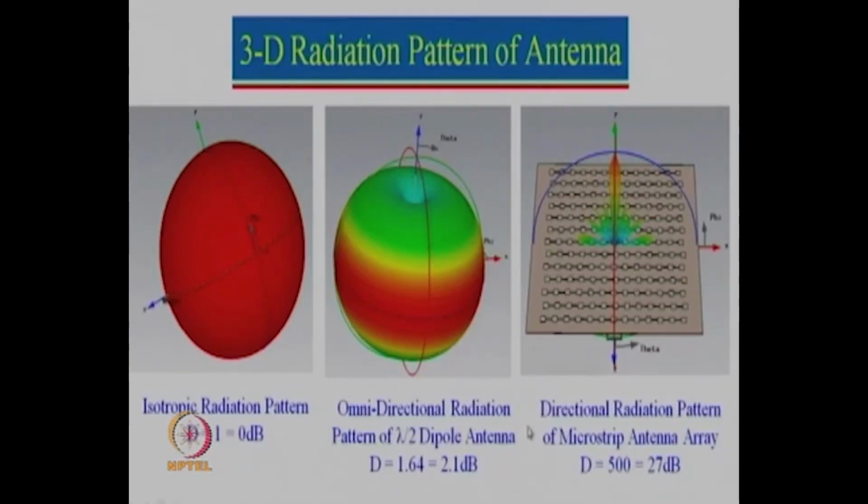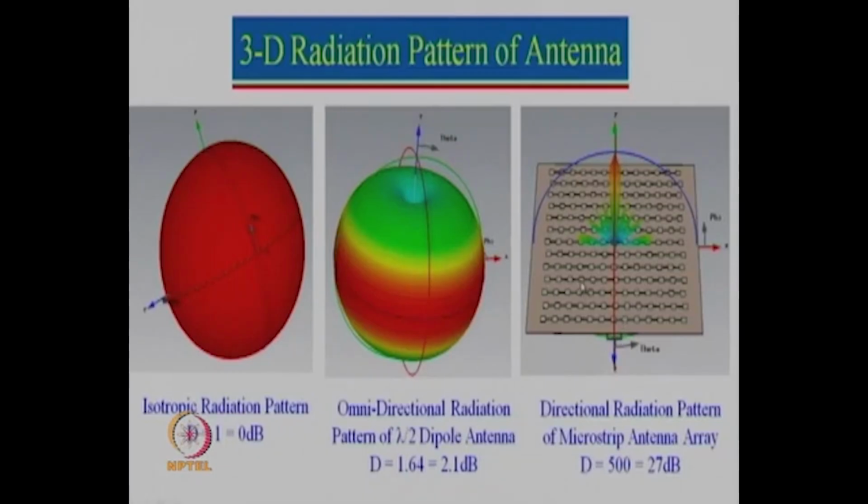Then here is an example of a directional antenna. I have actually shown the radiation pattern of a microstrip antenna array which we have designed at IIT Bombay. So you can see that there are a number of elements on this side and a number of elements there, and we are feeding these things. In fact, we have used a series feed element over here, and to feed elements in this direction we have actually used a slotted waveguide antenna here.